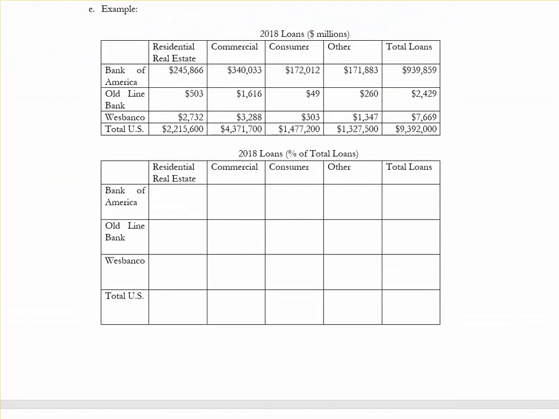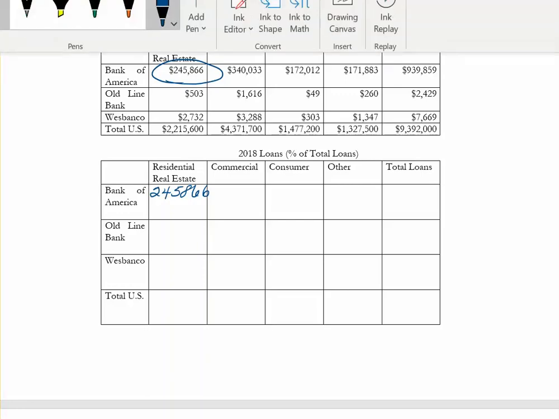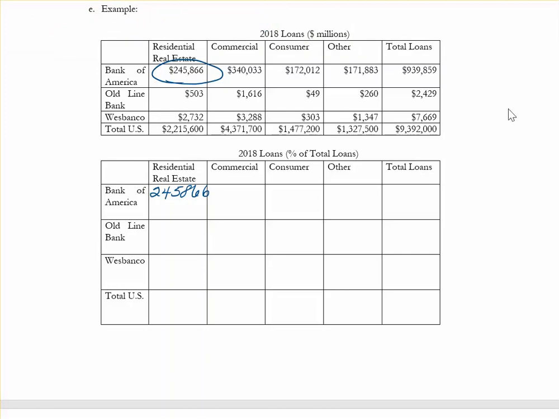So we're going to look at the banks that we've been working with this semester: Bank of America, Old Line Bank, WesBanco, and then we're going to look at the whole U.S. So here are the 2018 loan values from their balance sheets, from their call reports. And we're first going to find the weights. So for Bank of America, we're going to take 245,866 here, and then we're going to divide it by its total, which is here.